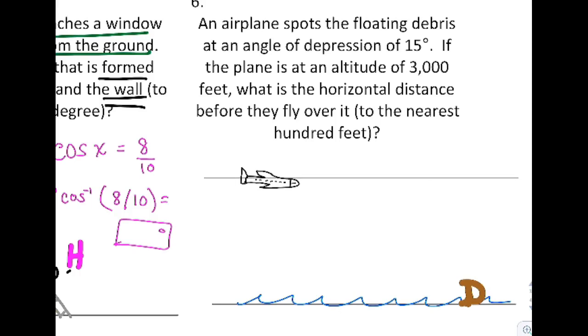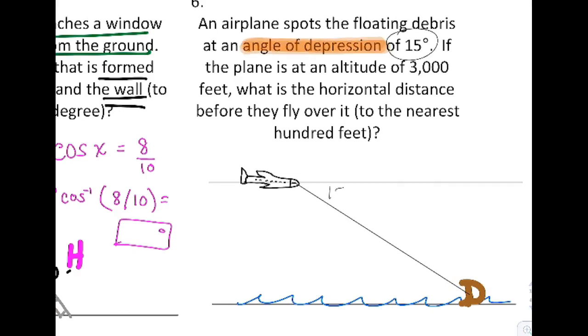That's the pilot looking straight out of the cockpit, straight ahead at 0 degrees. Okay. Now from his sight line down to the debris is an angle of depression of 15 degrees. So that's 15 degrees.